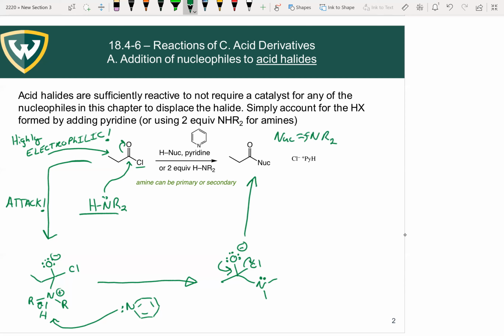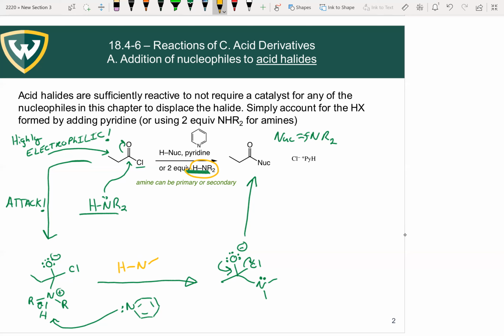This is a relatively straightforward mechanism. But what do we mean by this or two equivalents of HNR2? Well, sometimes chemists are lazy and they don't want to weigh out pyridine and their amine base. So they just add more amine. And in this two equivalents of HNR2 scenario, we just have a second equivalent of amine come along and act as a base.